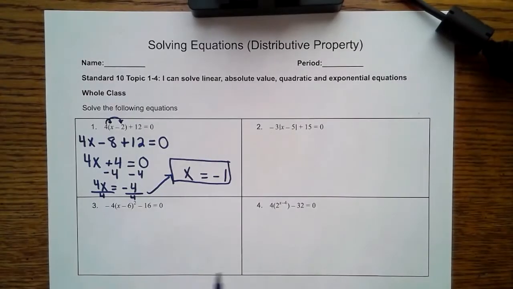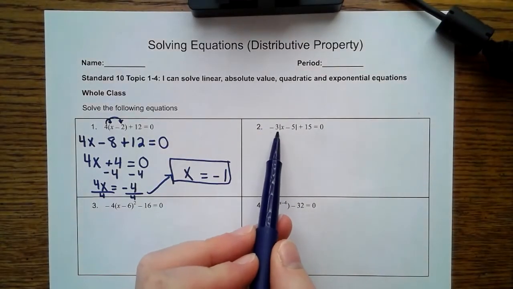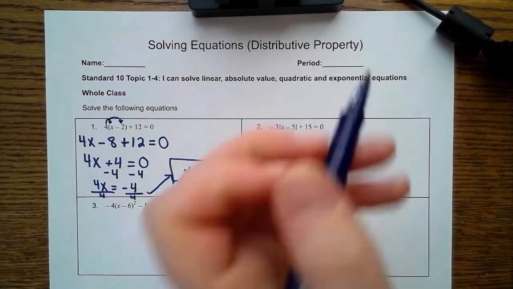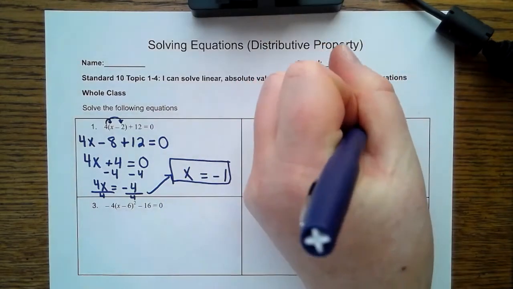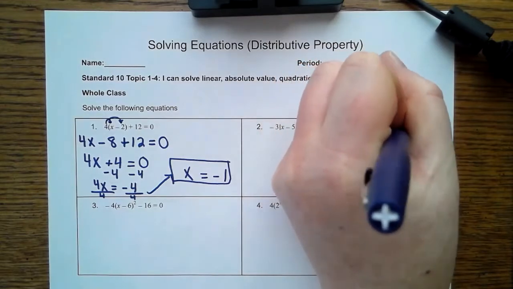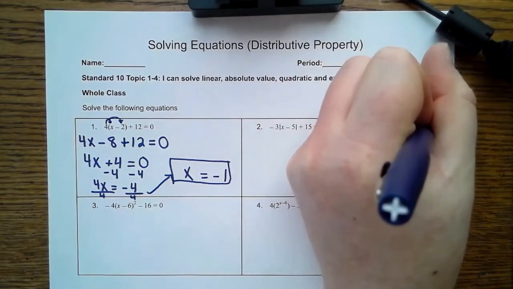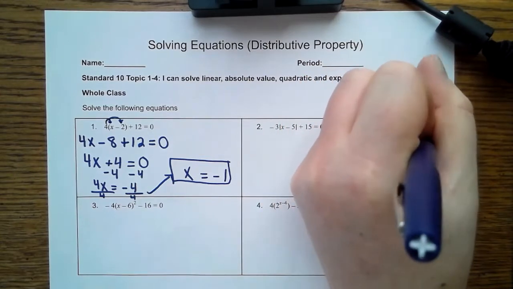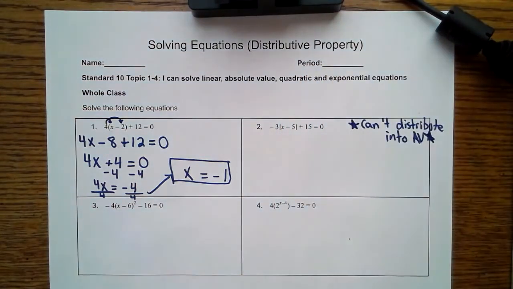Okay, let's try number 2. So this looks like you're supposed to distribute, but you're actually not allowed to distribute into absolute value. So I'll write that. You can't distribute into absolute value, so we're kind of going to solve around it.